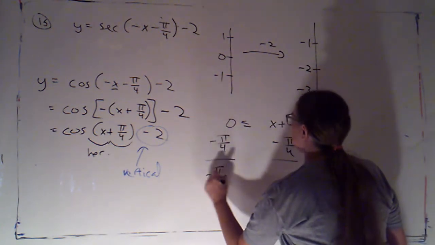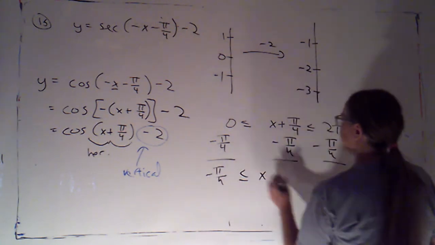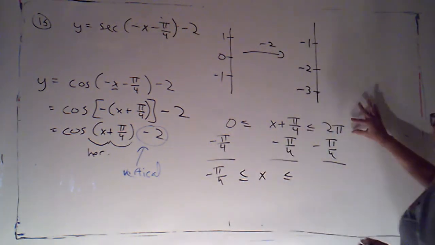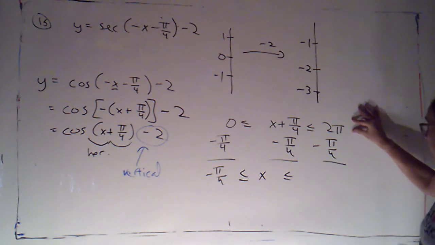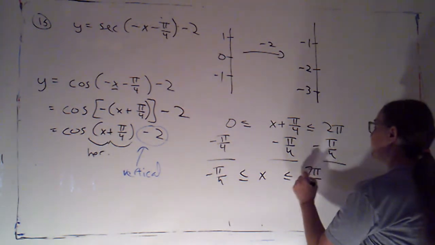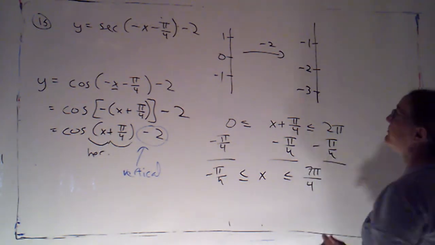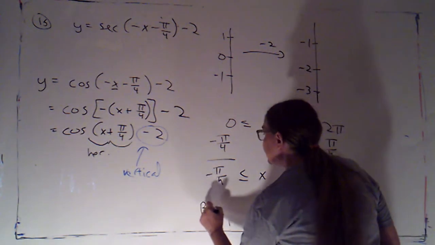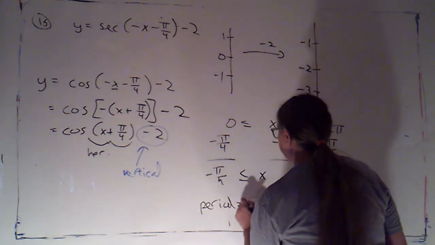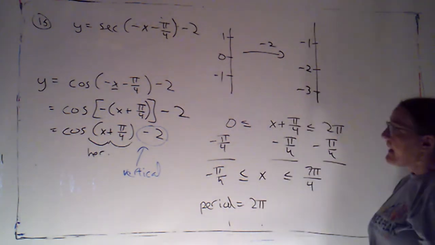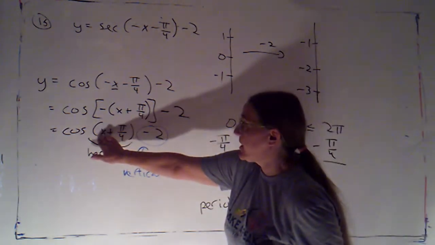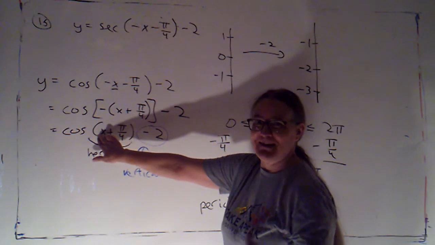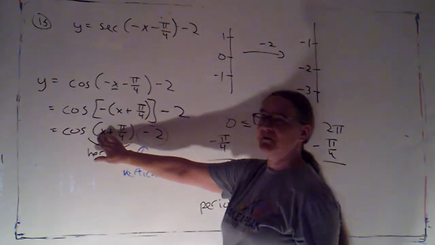And we get negative pi over 4 less than or equal to x, less than or equal to 2 pi would have been 8 pi over 4, minus pi over 4 is 7 pi over 4. So if I look, my period is still 2 pi. That's because here the number I was multiplying by was 1, so we get the original period of 2 pi divided by 1.